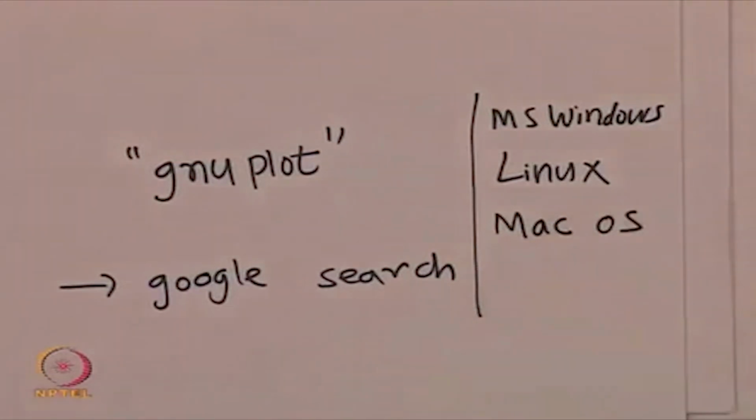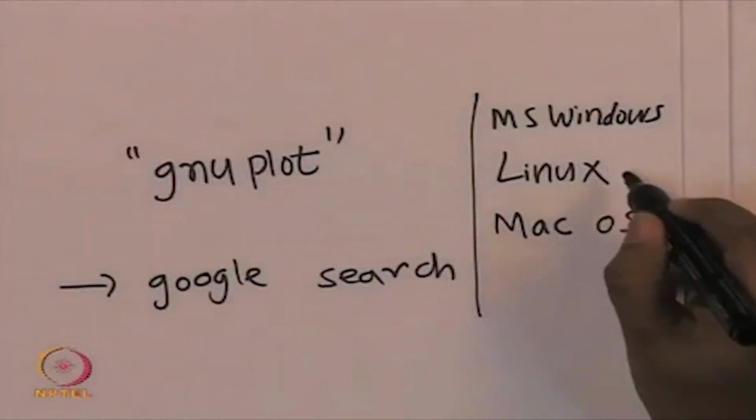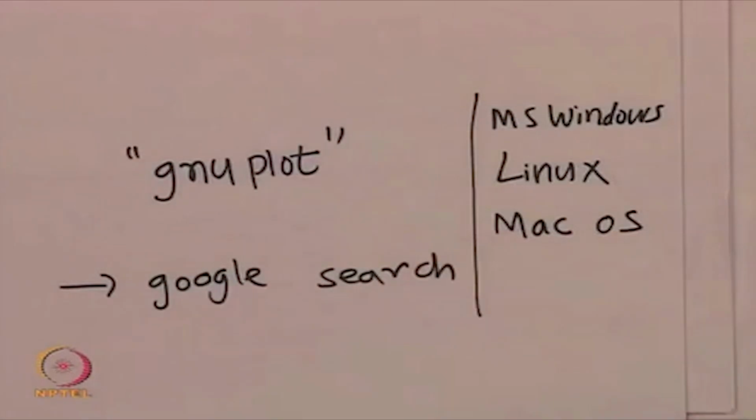So, it is available for pretty much all popular operating systems. This is what we will be demonstrating today. Let us see how we use GNU plot. Please note this demo.